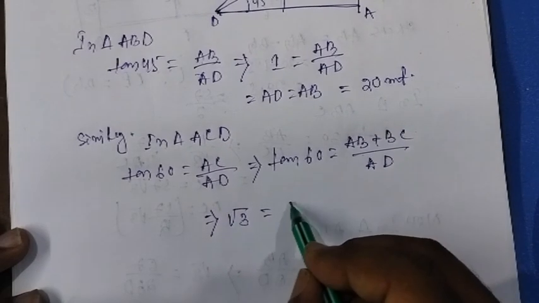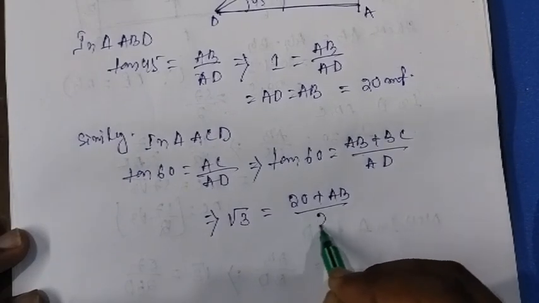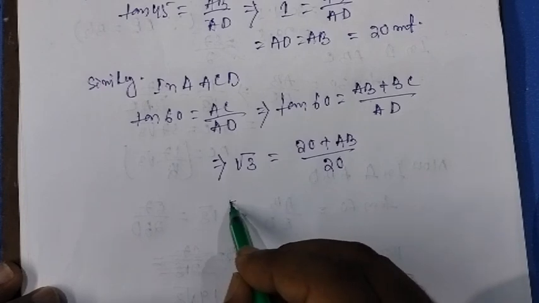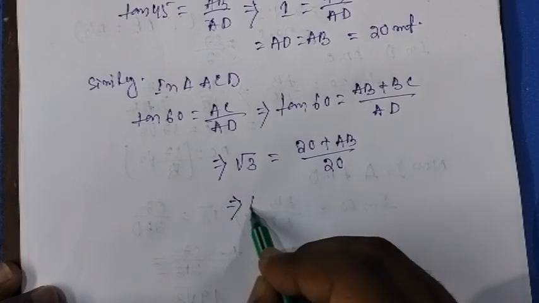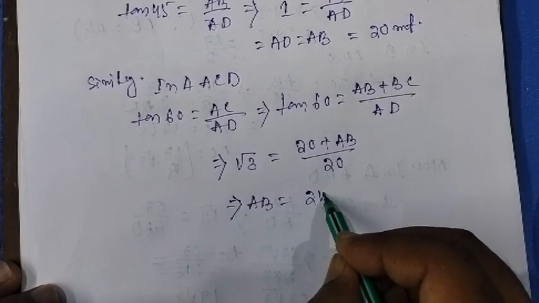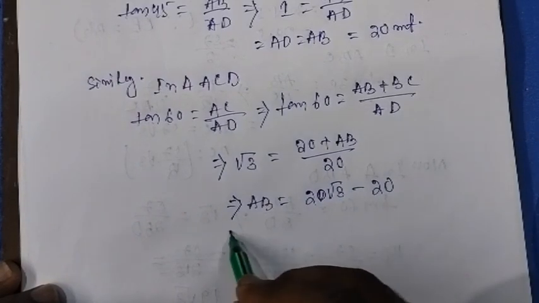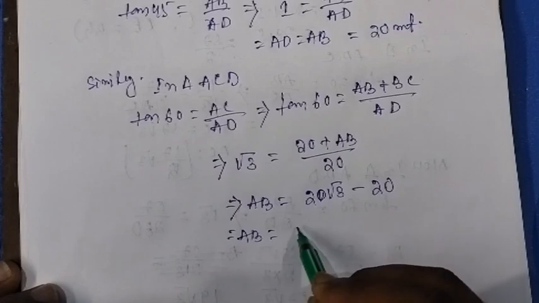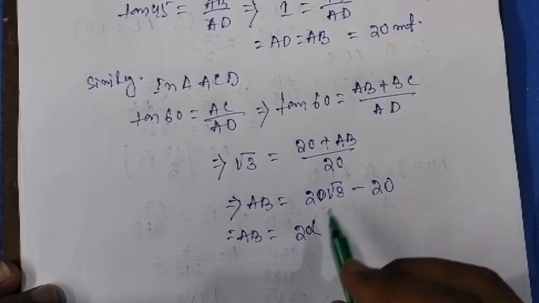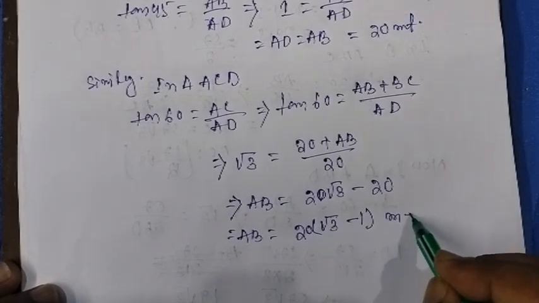Root 3 is equal to 20 plus BC by 20, which implies BC is equal to 20 root 3 minus 20, or BC is equal to 20, taking 20 common, root 3 minus 1 meter.